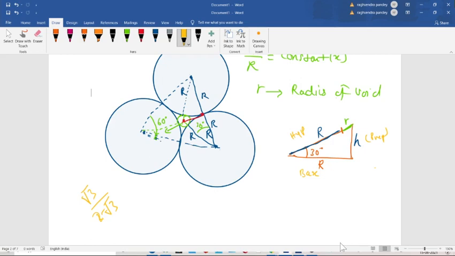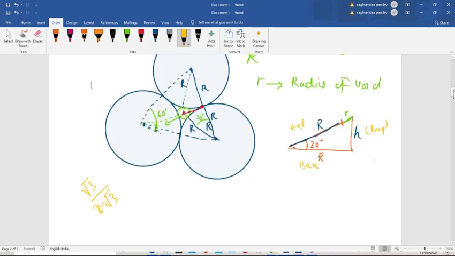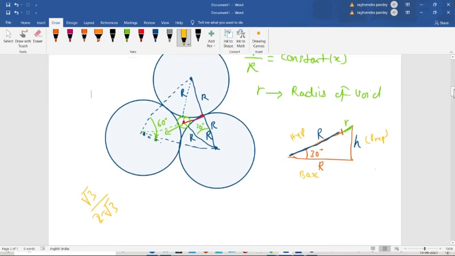Small r upon capital R, that I only want. 0.16, that is okay. So let's solve it.